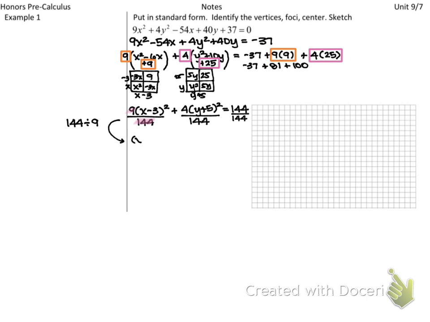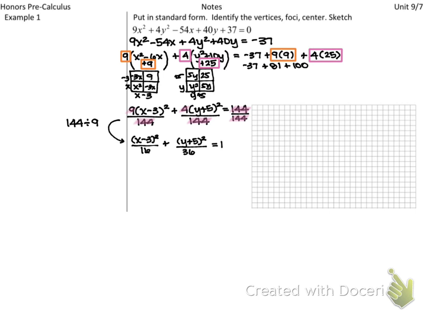So let's do (x minus 3) squared all over 16 plus, and then I'm going to do the same thing here. I'm going to divide the 4 and the 144, but I'm going to reverse it because I want the number in the bottom. So that's going to give me (y plus 5) squared all over 36. And then the last one is dividing the 144 and the 144, which is equal to 1.